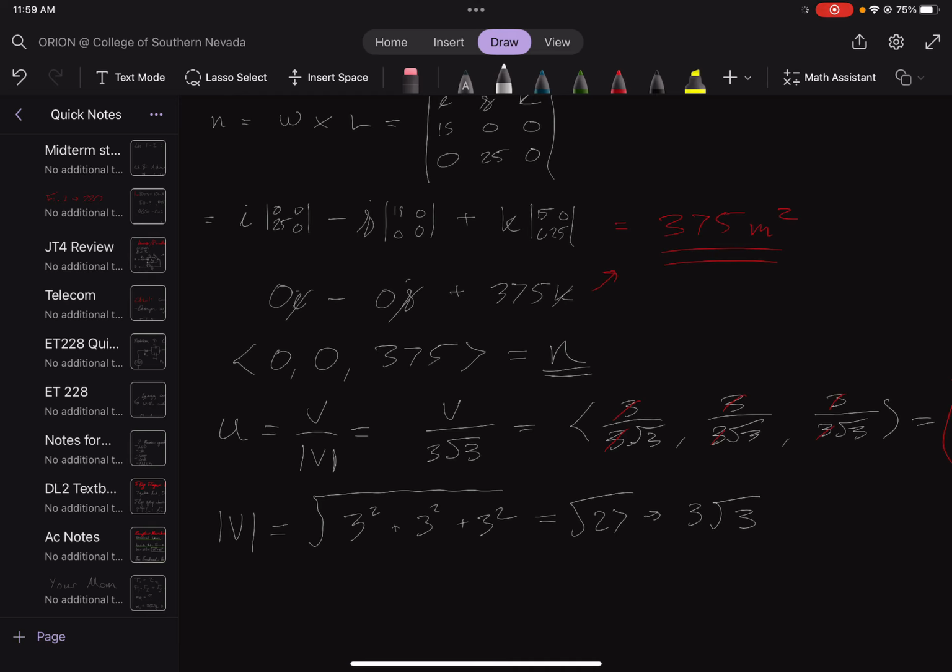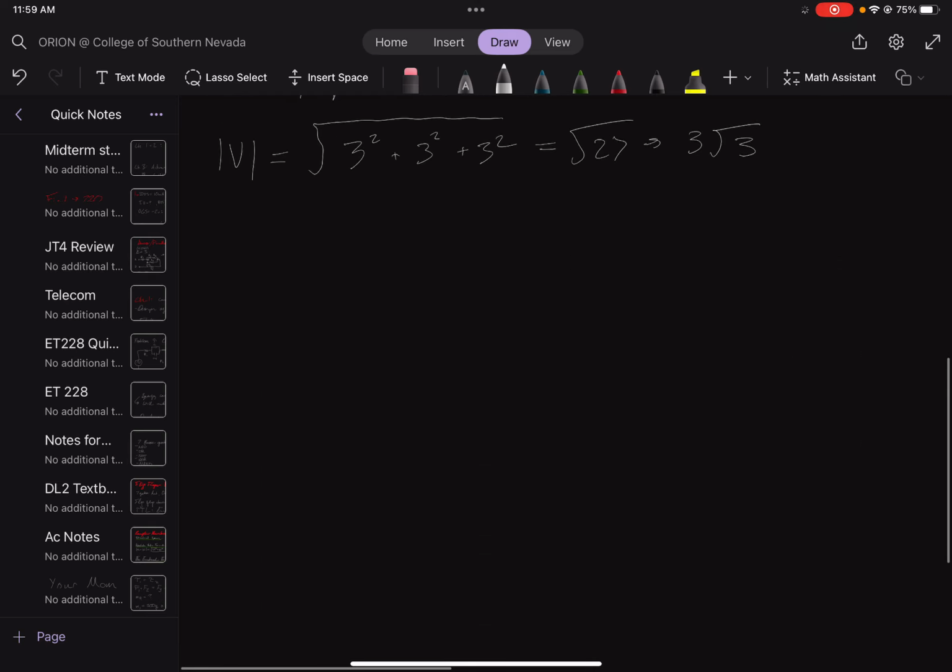So now what we can do is the formula, which is the dot product of u and n times 900. So here we go.